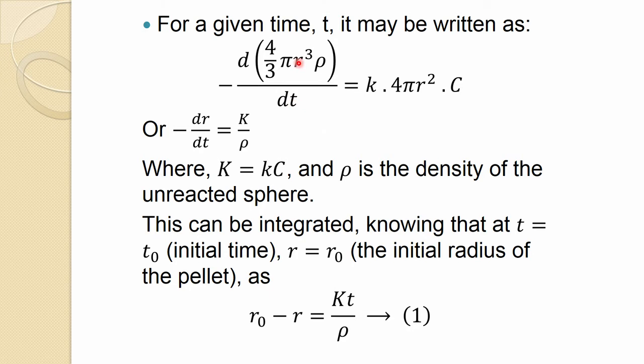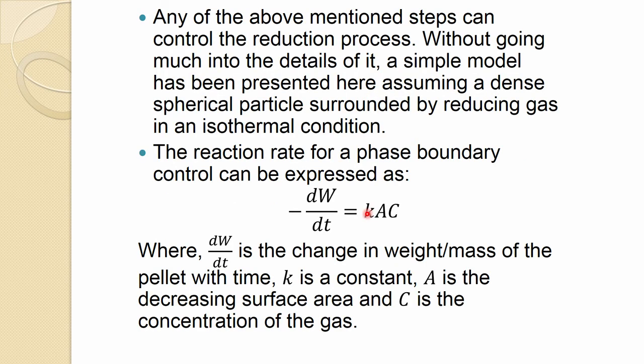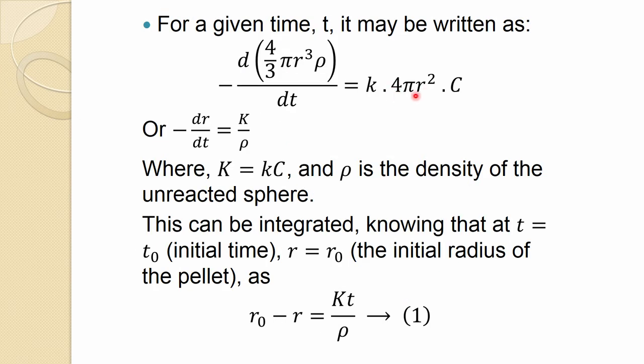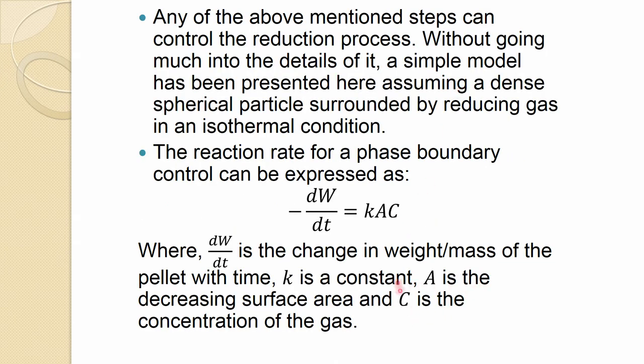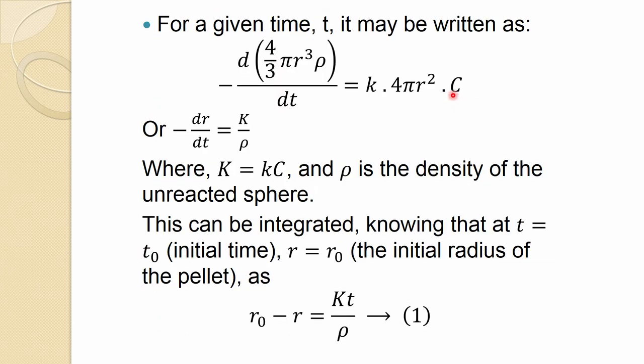So the rate is equal to K, which is coming from here. A is the area we are talking about, so 4 pi r square for a spherical particle, and C is the concentration, that is over here. Now, these are usually constant, the gas concentration in this.